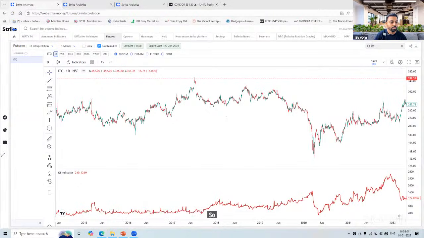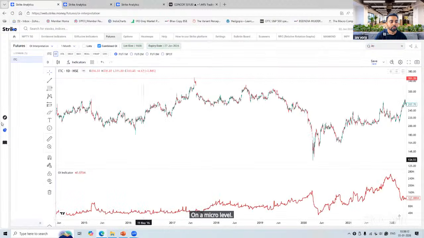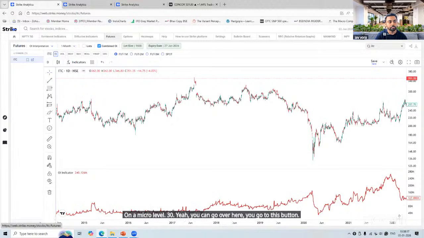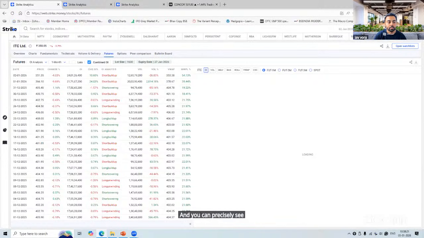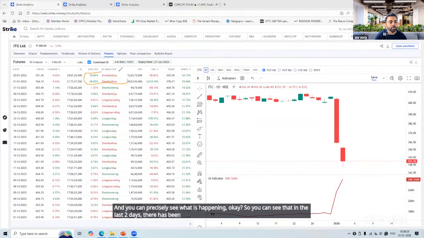So one more thing is that if you want to find the data on a micro level, you can go over here, you go to this button, and you can precisely see what is happening. Okay, so you can see that in the last 2 days there has been 36% open interest built up.